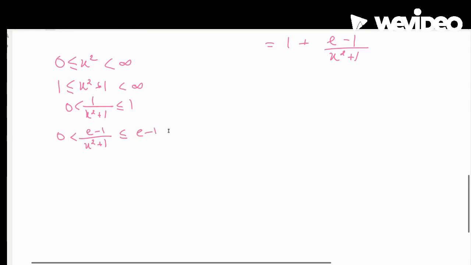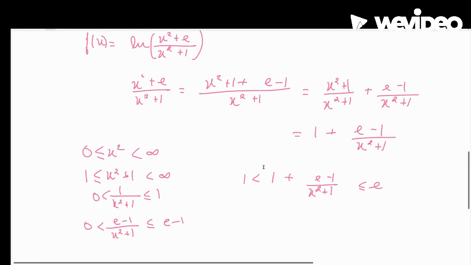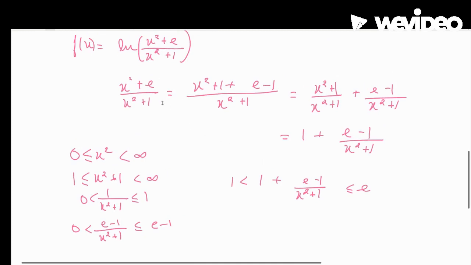And so we can find the range of 1 plus e minus 1 by x square plus 1, that will vary from 1 to e. And 1 plus e minus 1 by x square plus 1 is nothing but x square plus e by x square plus 1. So this value will vary from 1 to e.